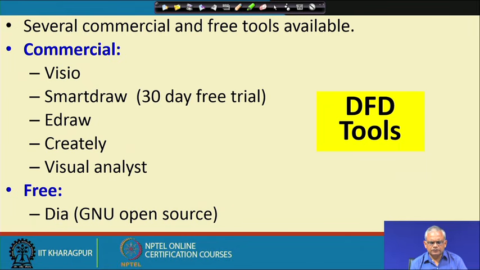Please use some of the tools. You will find that the tools are extremely easy to learn, and based on the concepts we discussed, you can just start using the tool. The download is very fast. For example, in Dia, typically we have the different DFD symbols there as menu items.